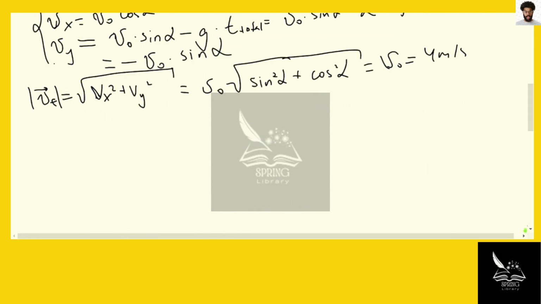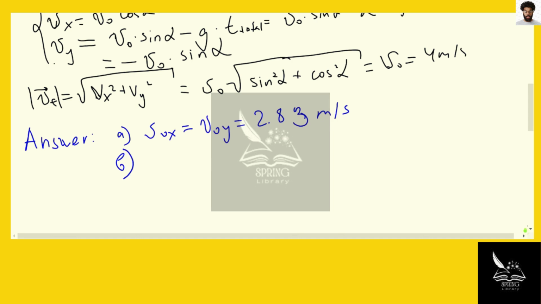So now let's summarize our result. And the summary is the following. The initial horizontal and vertical components are identical because the angle is 45 degrees. Maximum height equals 0.4 meters.